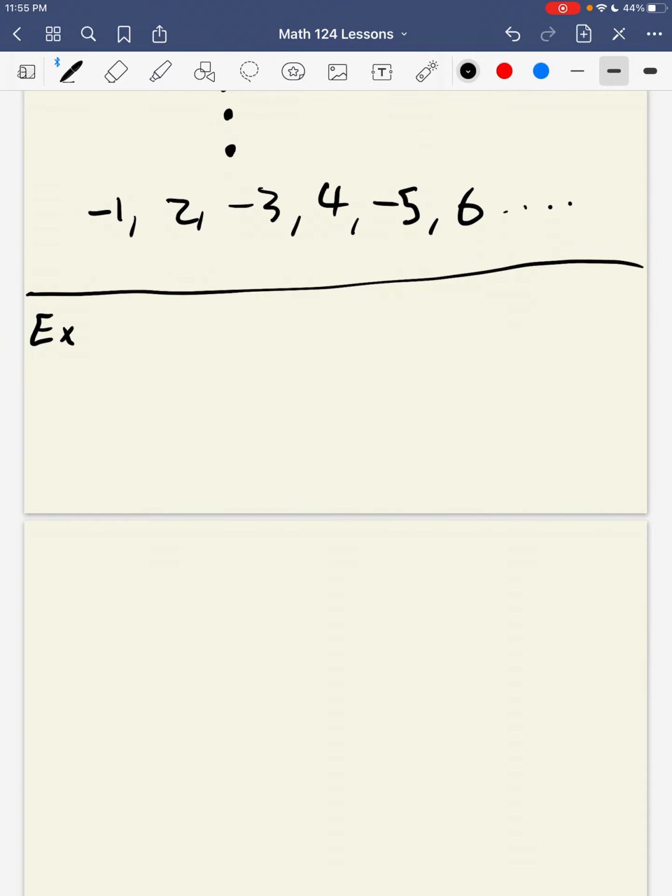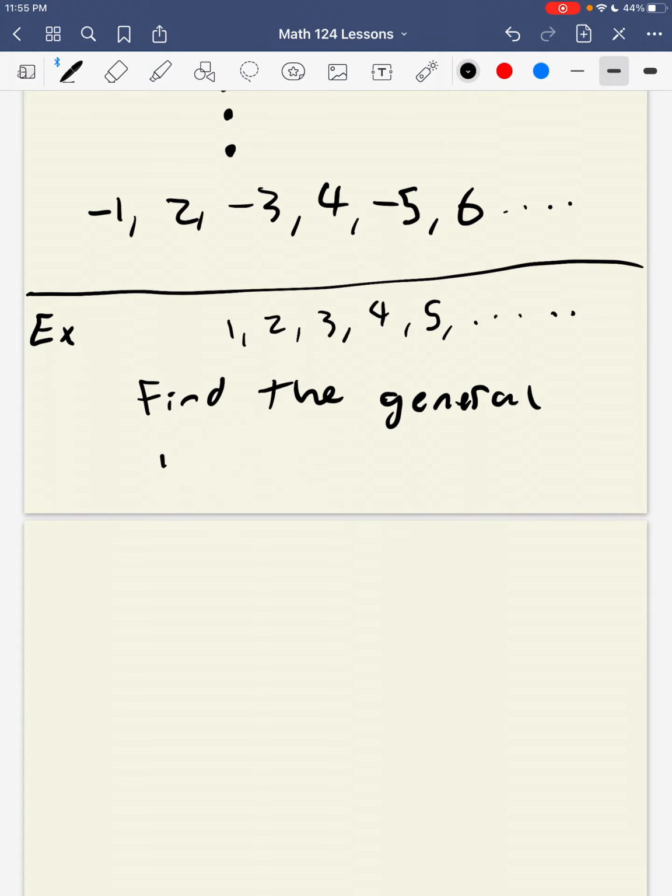Like, I don't know, just start out easy. Say we have 1, 2, 3, 4, 5, etc. Find the general term an.